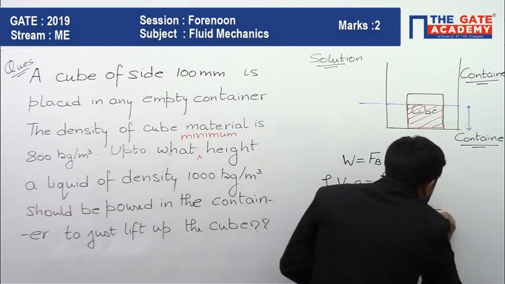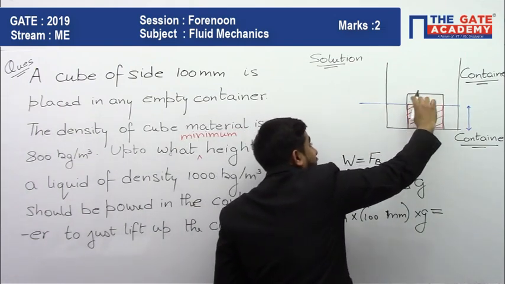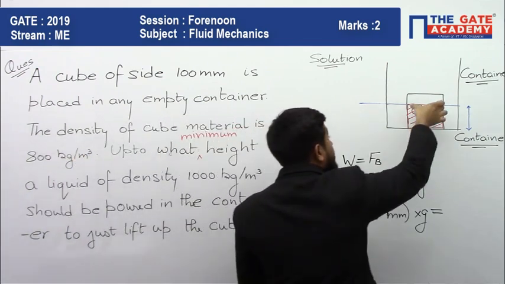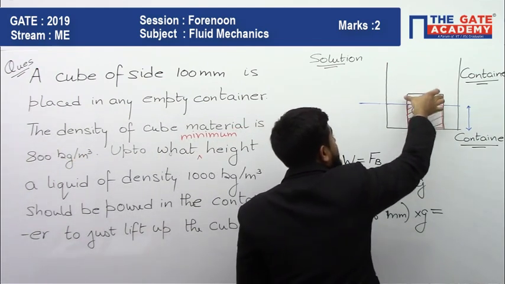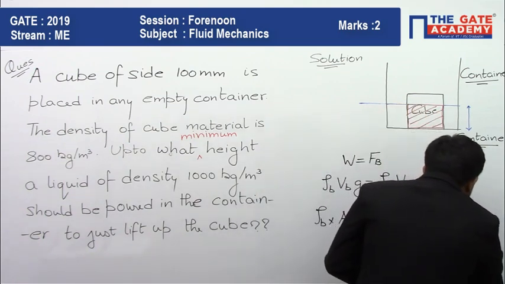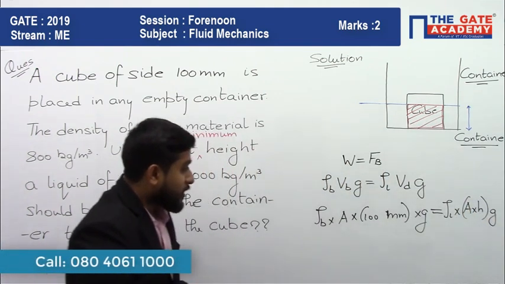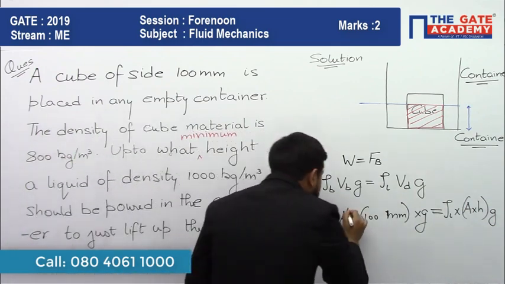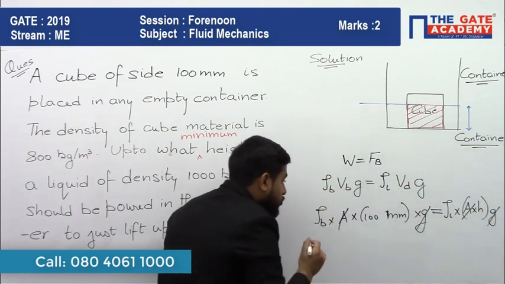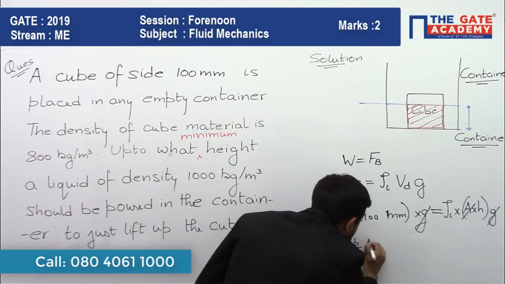And on the other side, density of liquid into area of cross section, and the volume of displaced liquid will be this area of cross section, which is the same as the area of the body, into H. So here you will have rho L into A into H into g. Now A and A will cancel out. Similarly, g and g will cancel out. So you are left with H is equal to rho B by rho L into 100 mm.